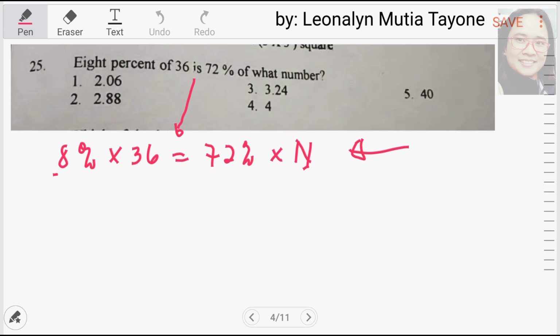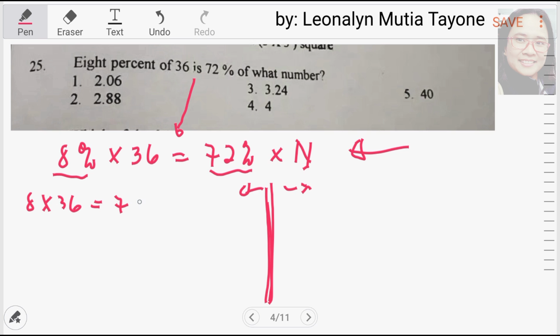Kapag ganito na ang magkabila ay merong percentage sign, pwede mo yang i-ignore. Dito tayo sa i-ignore lang ang percentage. 8 times 36 equals 72 times n. 8 times 36, that is 228.